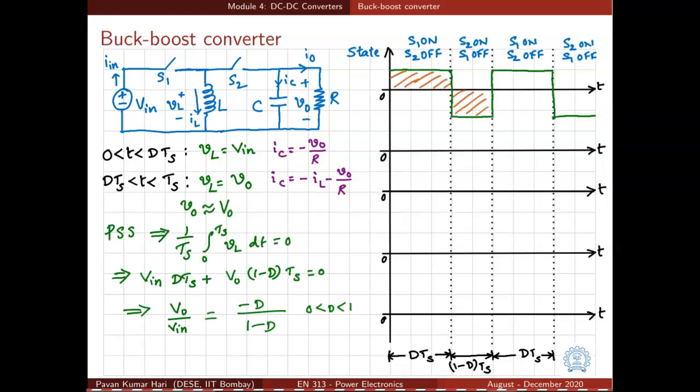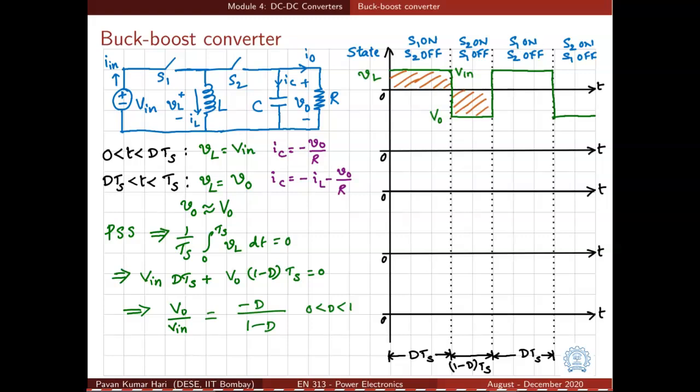Let us take a look at the waveform of inductor voltage VL. Looking at this voltage waveform and applying volt second balance will help us arrive at the relation between the average output voltage and input voltage. So it is V in for dTs and VO for 1 minus dTs.